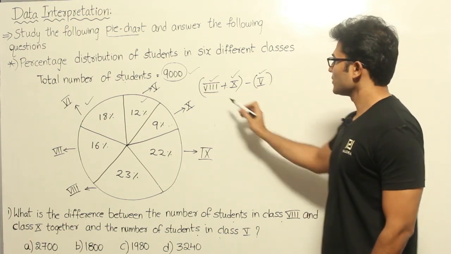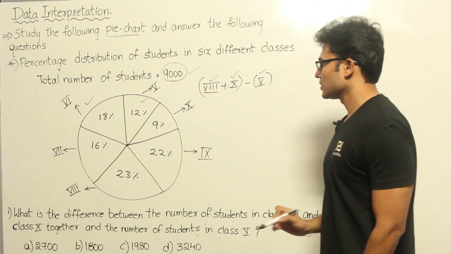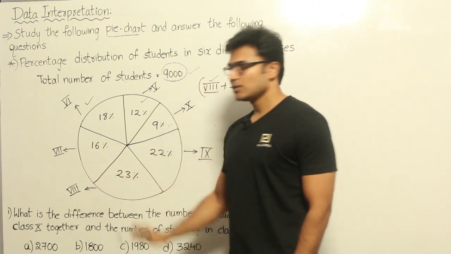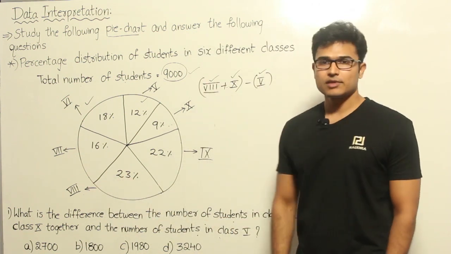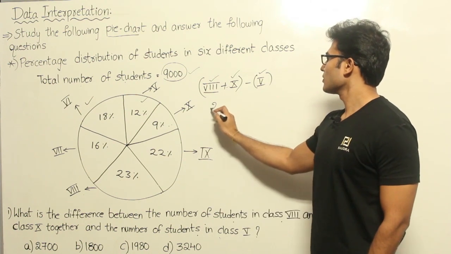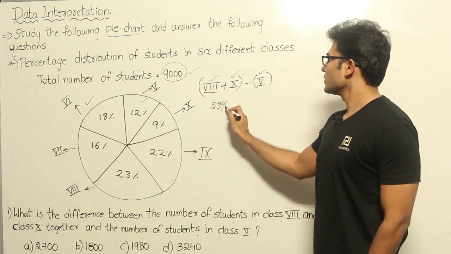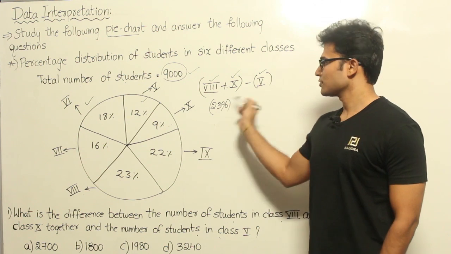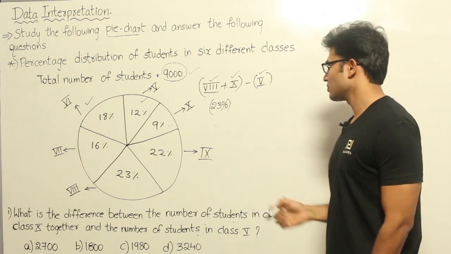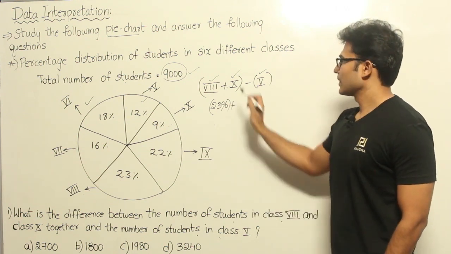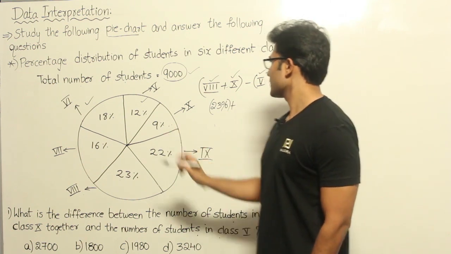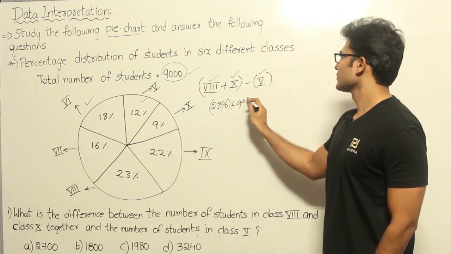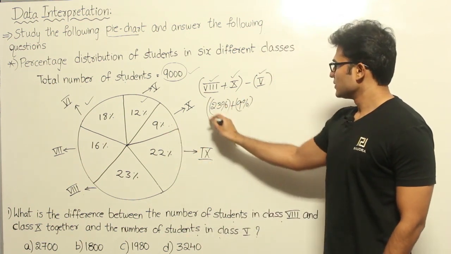So if you observe here, the number of students present in class 8 is 23% of this 9,000, right? Therefore you can write 23% of 9,000. I am not writing 9,000, anyway that is going to be present, plus class 10, the number of students present in class 10 is 9%, isn't it? This is the total.